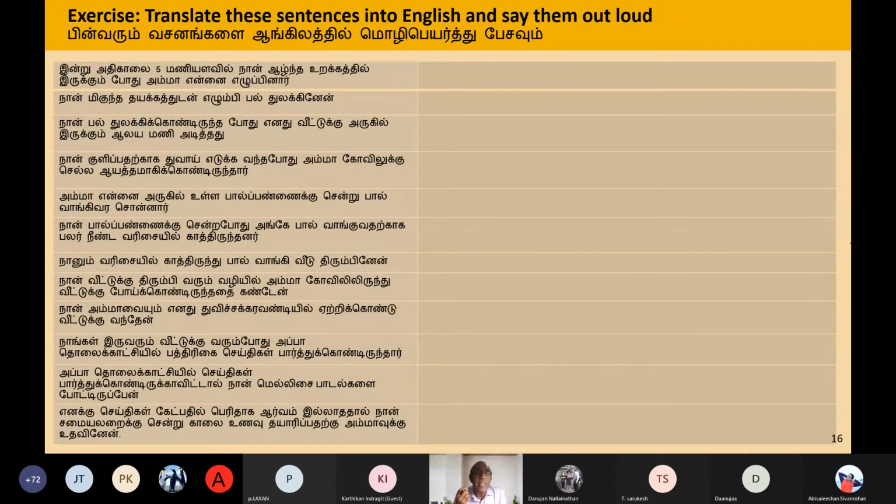Okay, that's okay. You can say that, but you didn't say Adhikalai 5 mani alavil. Your sentence didn't say this morning. You said morning could be any time, but what was the time? It was there in Tamil.